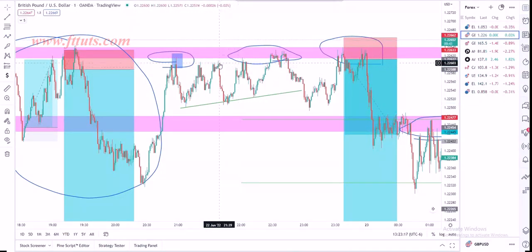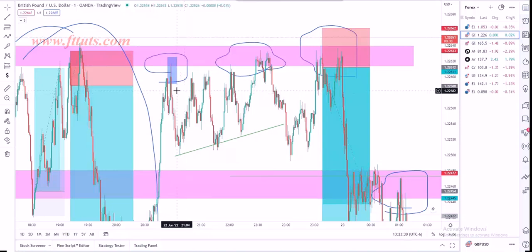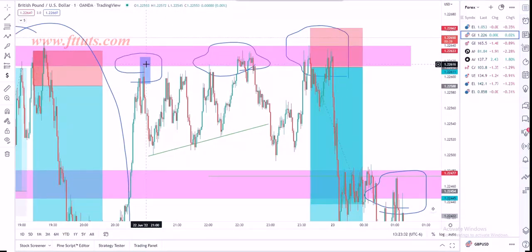But here's the thing with this one, it was just making the same price point right here as the other one. I'm not saying that you couldn't have taken this trade. That's not what I'm saying. I'm trying to teach you about momentum, and when you get good at seeing momentum, then it will highly benefit your trading, okay? And it's something that's going to take a little time for your eye to adjust and learn.